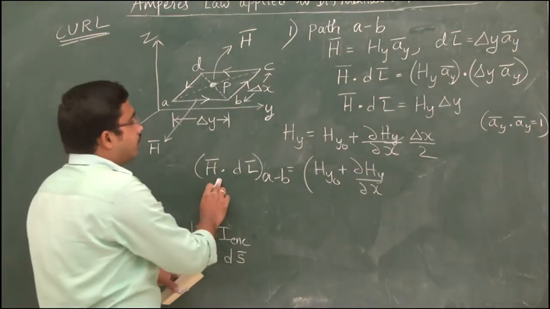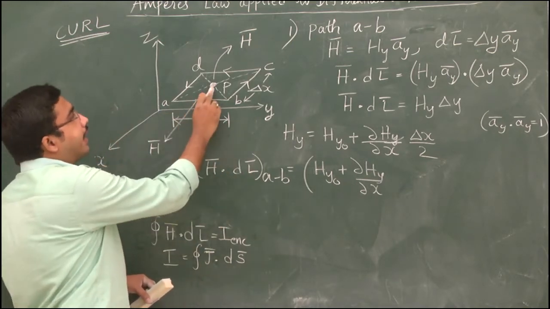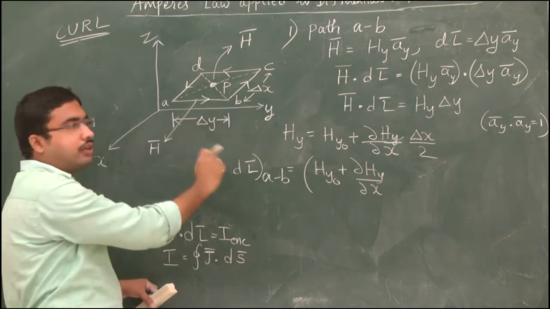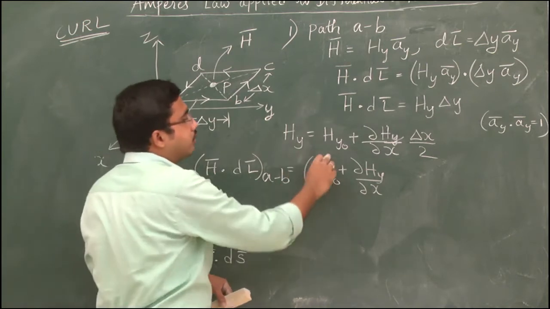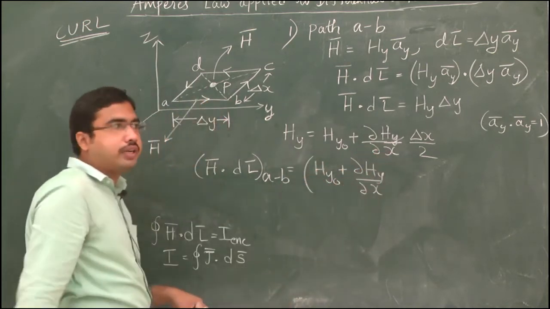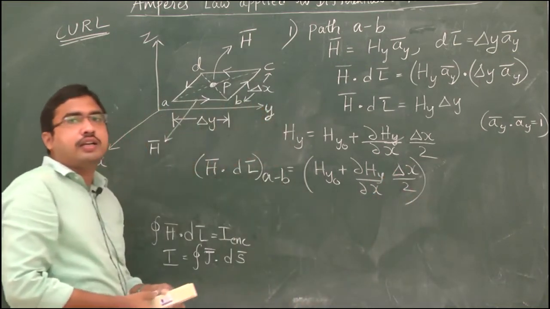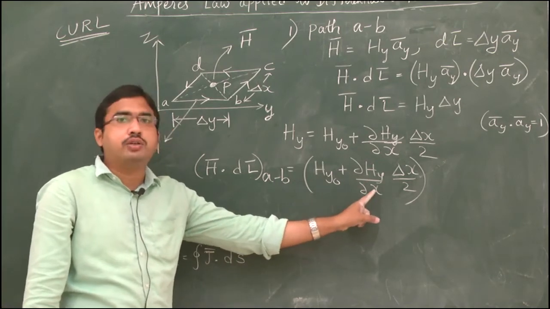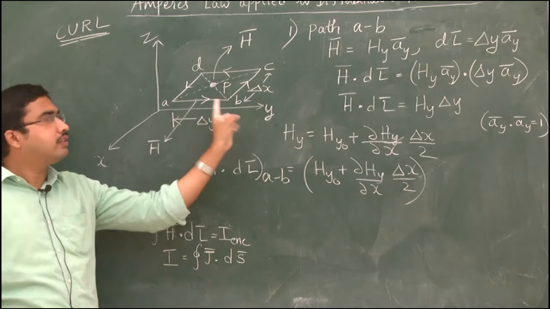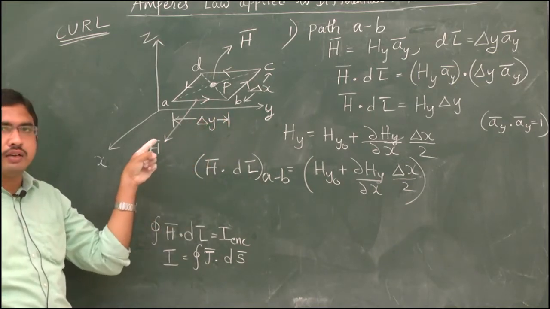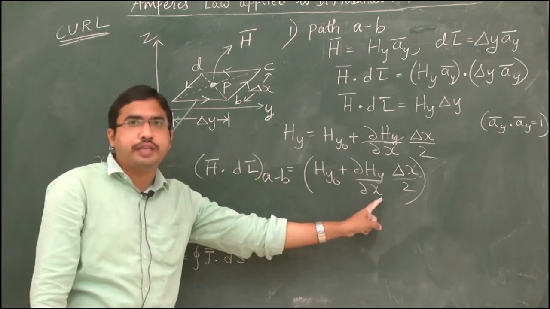So the value of H bar dot dl bar at this point P due to the path AB is given by, in the place of Hy, substituting Hy naught plus dou Hy by dou x into delta x by 2. Why we are differentiating Hy with respect to x: for this Amperian path AB, H bar is acting perpendicular in the x direction. That's why this H will vary with respect to x.